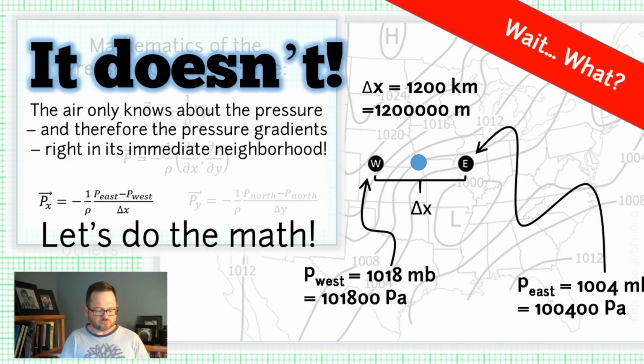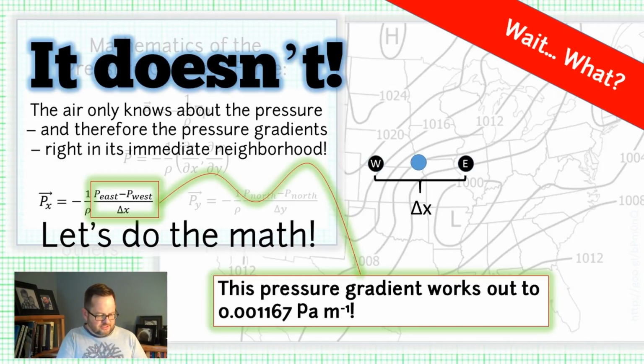100,400 pascals. And the distance between those two is about 1,200 kilometers, which is that very large number of meters. I think that's 1.2 million meters. Would that be right? Yes. Okay, well, I can just do that math there of P east minus P west divided by delta x, and that works out to, oh my goodness, what a tiny number, 0.001167 pascals per meter.